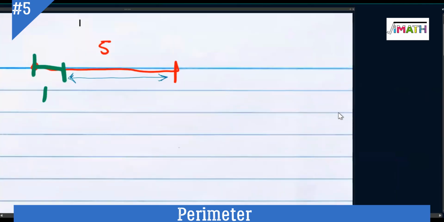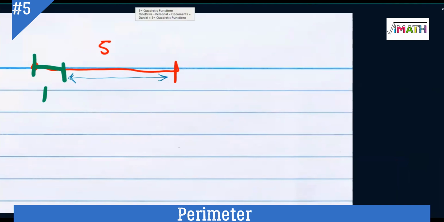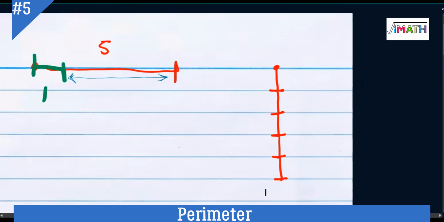Okay, now let's see another example here. The height from here to this one is 1, here is 2, here is 3, here is 4, here is 5. Okay? So we say that the total length of this line is 5 meters.